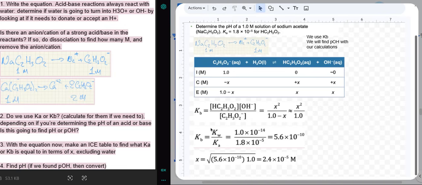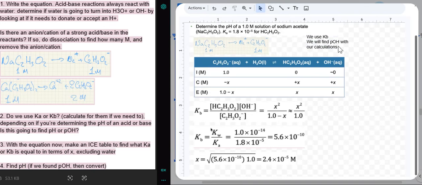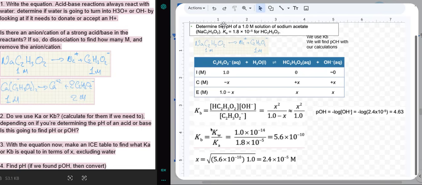And the next step we do is to find pOH. Remember, we wrote we'll find pOH in our calculations right here as a reminder. So next step, you calculate pOH like that. And now there's an extra step because the question's asking for pH.